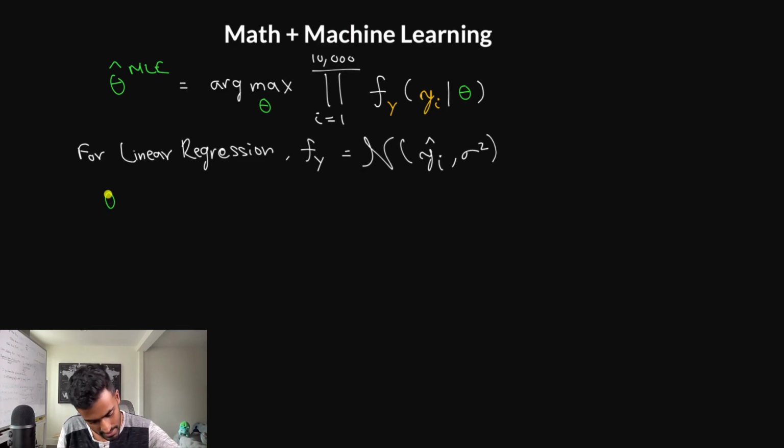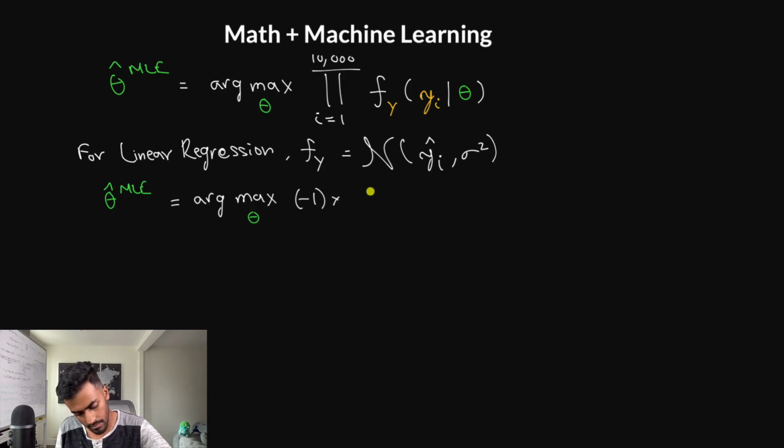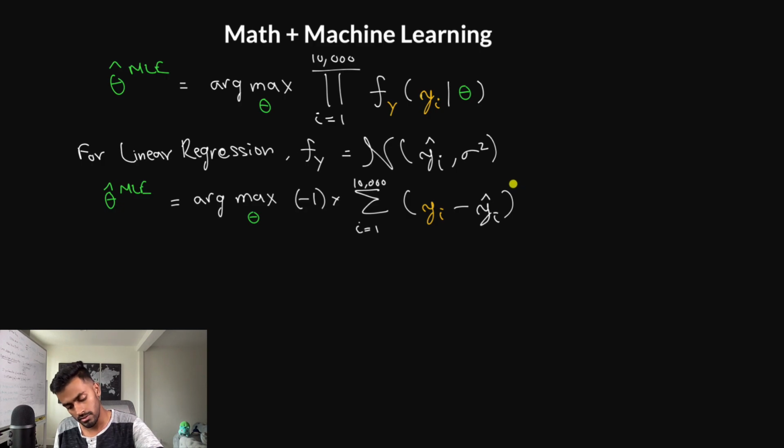What this means is that this theta hat MLE is going to be equal to argmax over theta of -1 times sigma, where i ranges from 1 to 10,000, of yi, this is the actual value, minus, let's call it again, yi hat, which is a predicted value, whole squared.